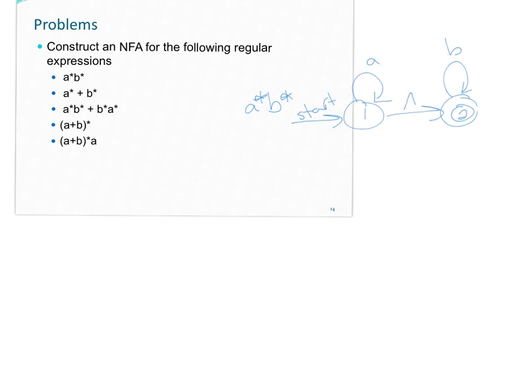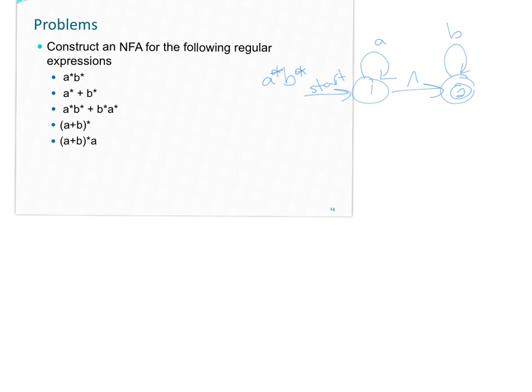And let's see, let's put that up there. If I want A star plus B star, that's different. That's all A's or all B's, right? So we can have, let's see, we'll start, and it's 0 or more A's or 0 or more B's.